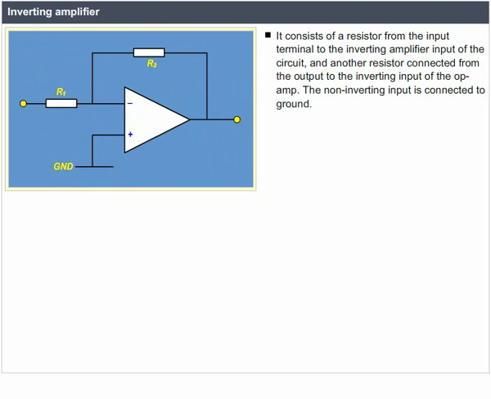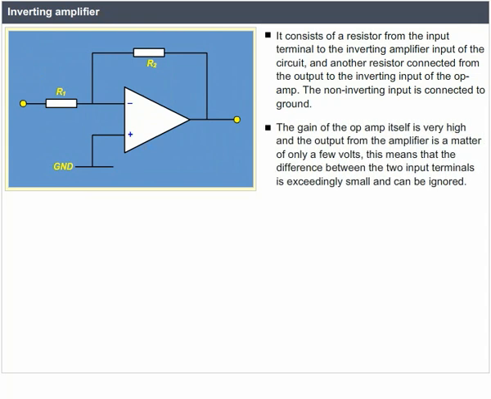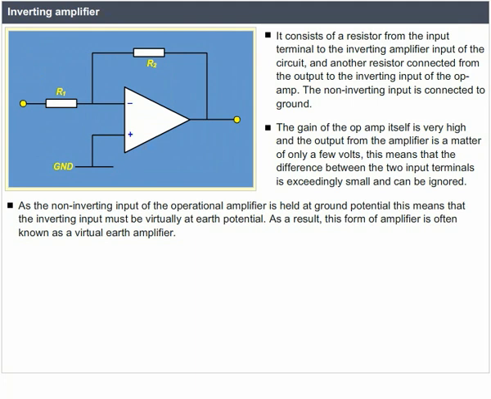The gain of the op amp itself is very high and the output from the amplifier is a matter of only a few volts. This means that the difference between the 2 input terminals is exceedingly small and can be ignored. As the non-inverting input of the operational amplifier is held at ground potential, the inverting input must be virtually at earth potential.